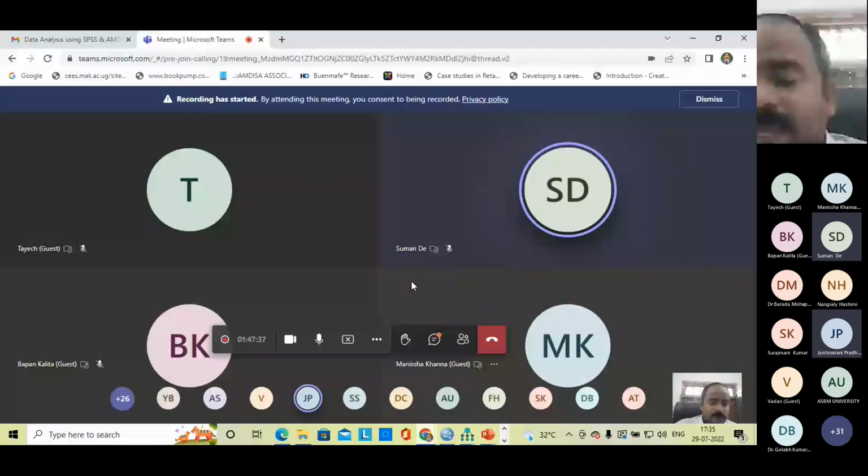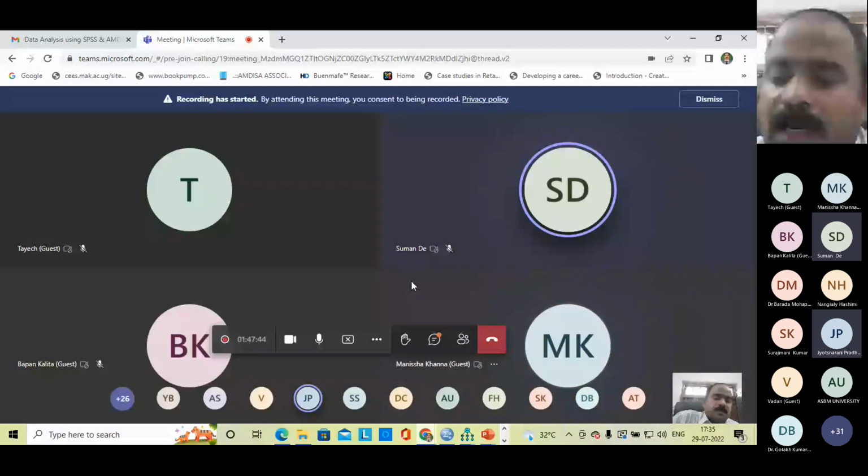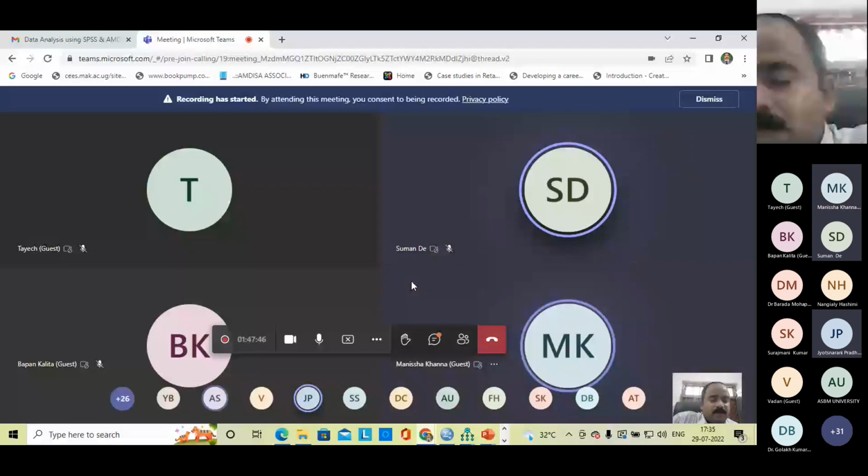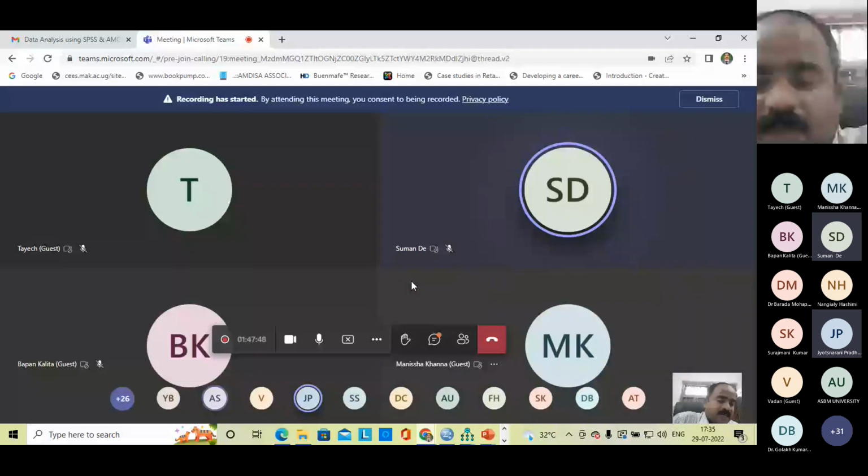It has a world edition, which is much more expensive, maybe more than 7,000-8,000, but the Indian edition may cost 2,000-3,000. You can purchase that book, or it is available in most libraries.